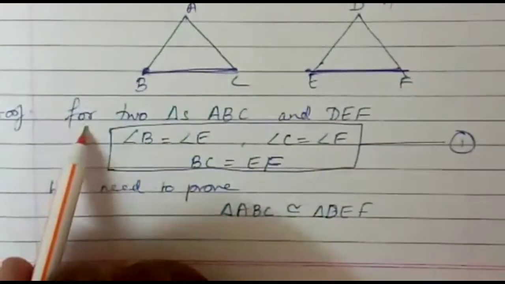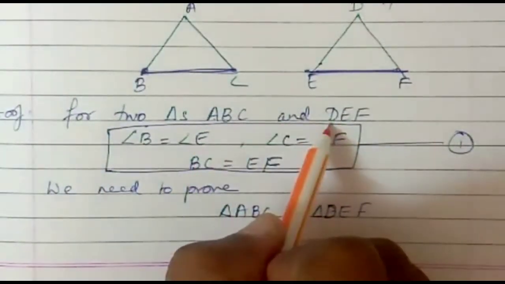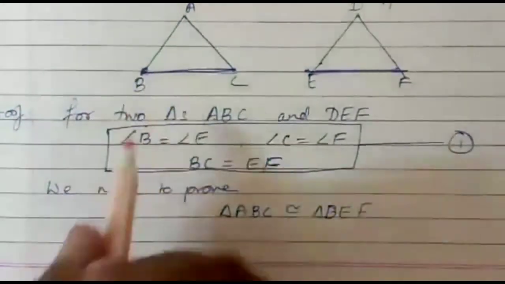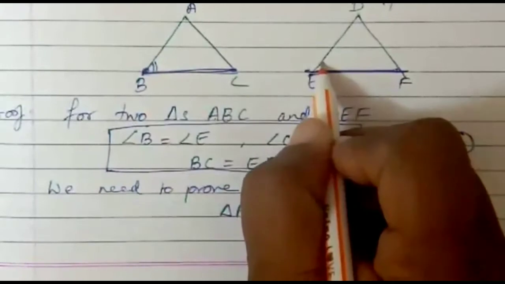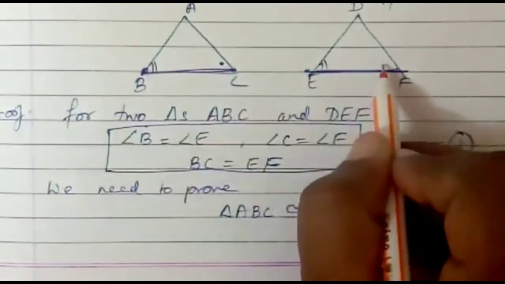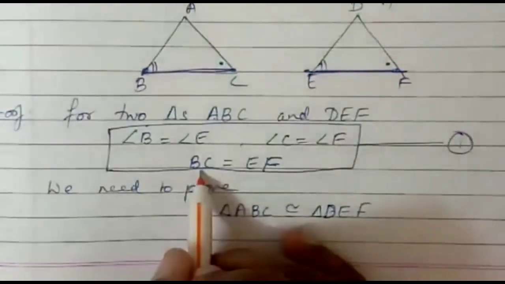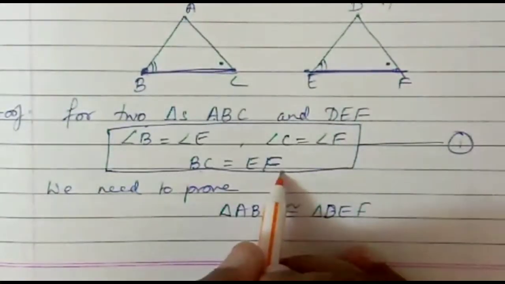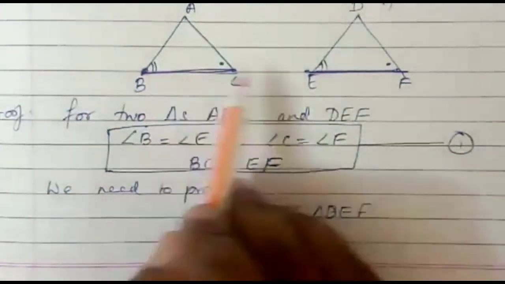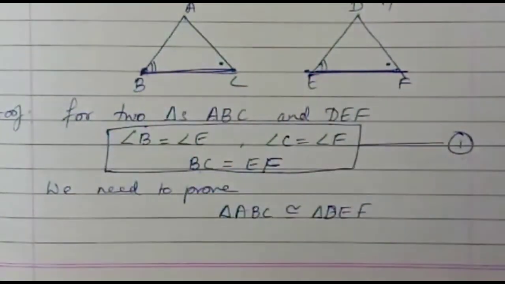For the given figure, we have two triangles ABC and DEF. It's already given in the question that angle B has the same measure as angle E. Similarly, angle C is equal to angle F, and the included sides BC and EF are also equal. So this we will take as result number 1. We need to prove that these two triangles are congruent.